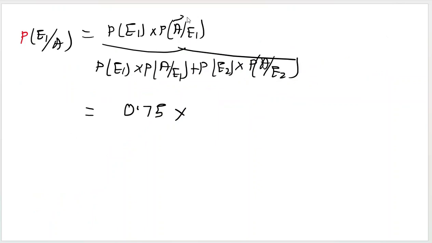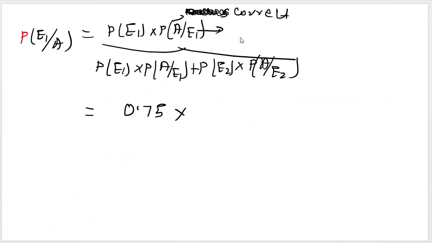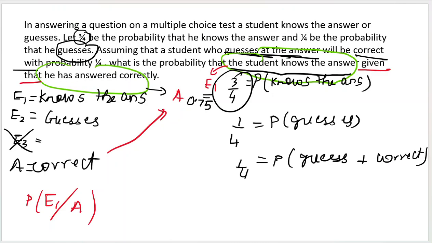Now A is that the answer is correct, and E1 is that he knows the answer. If you observe, there is no probability mentioned in which the answer is correct as well as known is given.